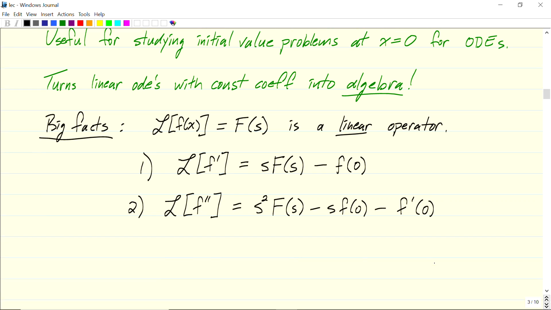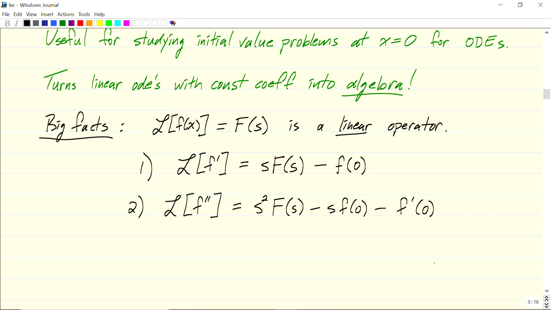Well, if you want to use the Laplace transform, you hit a differential equation with it, use the rules about it, and notice that these things would multiply by powers of s. That's algebra, and it would all be times the capital F of s.